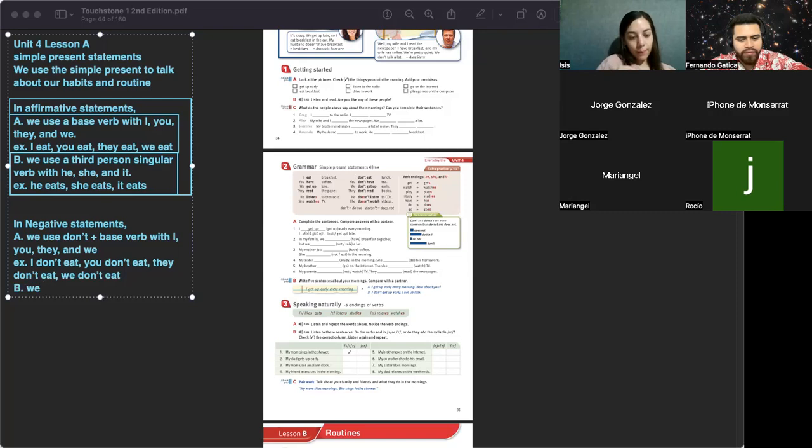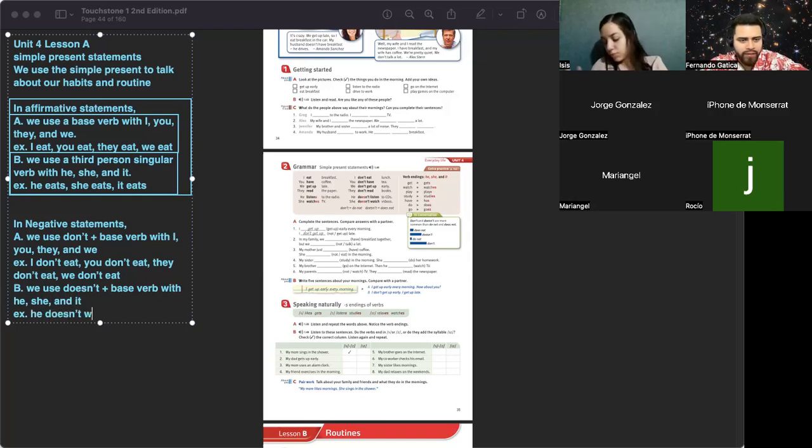And we use doesn't plus base verb with he, she, and it. For example, he doesn't eat. Sorry. He doesn't eat. She doesn't eat.